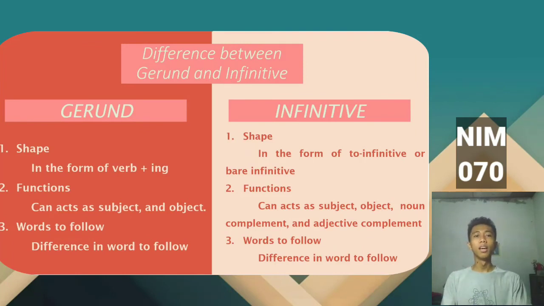For example, if remember is followed by gerund, an example would be, I remember taking my wallet into my pocket. And if it is followed by infinitive, the example would be, I remember to pick my wallet into my pocket.